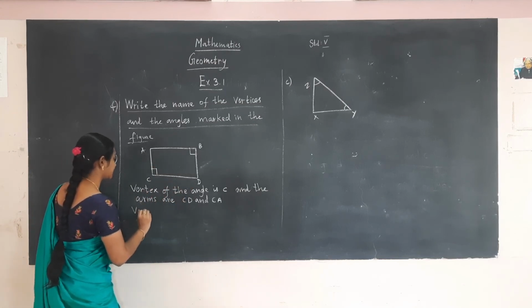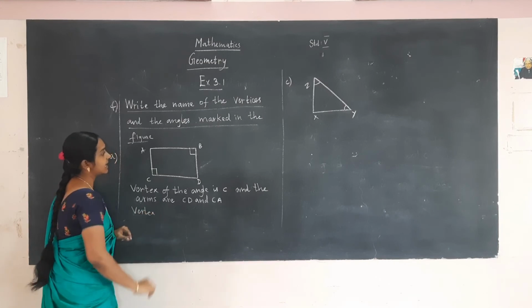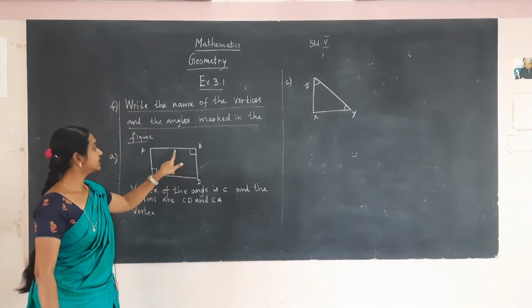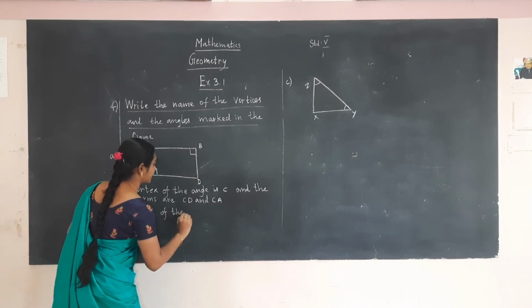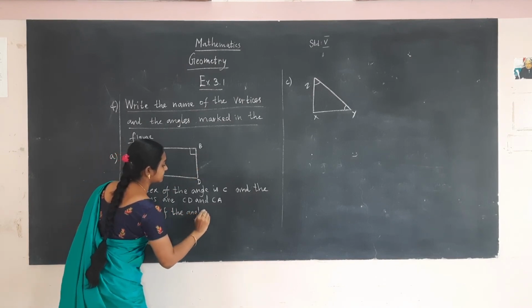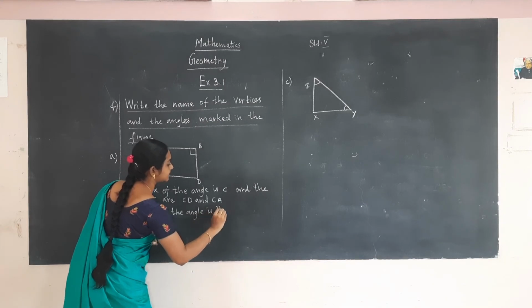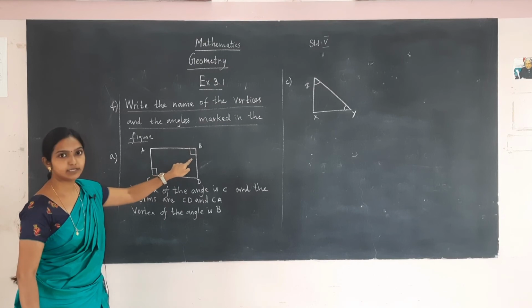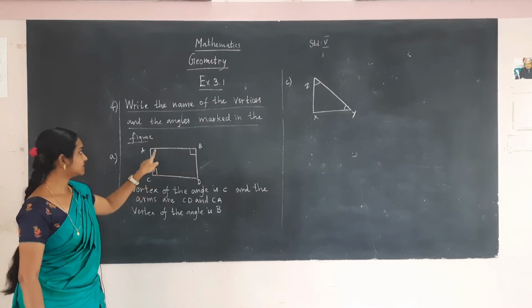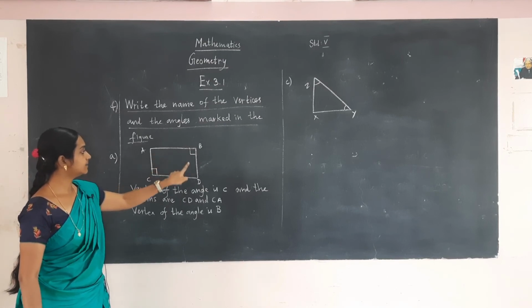Next we have an angle here. So the vertex of the angle is B. B is the vertex because angle is formed in B and the arms are AB and BD.